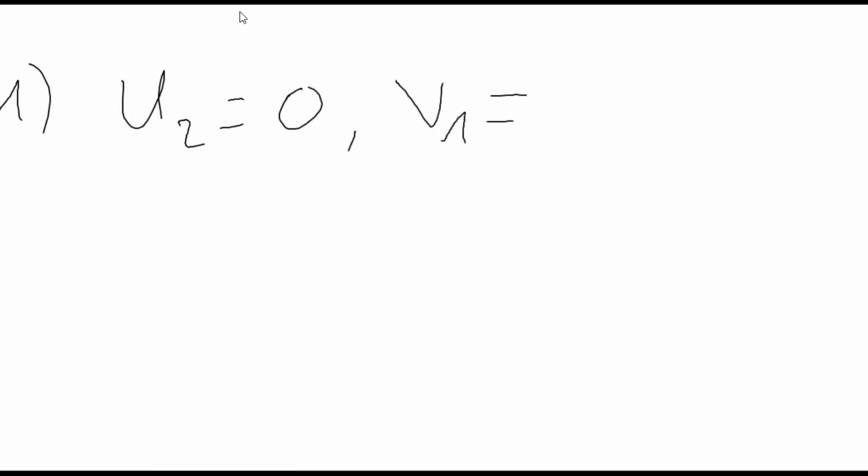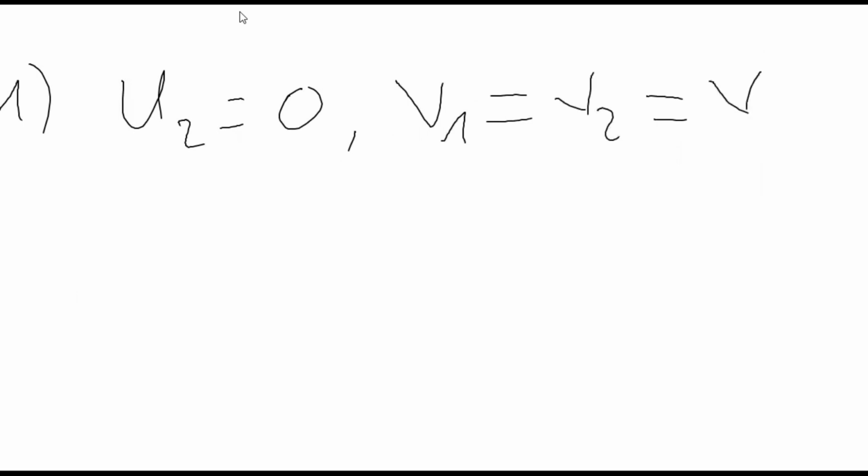Now, let's consider a case where sphere 2 is originally at rest, therefore u2 is equal to 0, and the two balls stick together after collision, and therefore v1 will be equal to v2, which is just v.